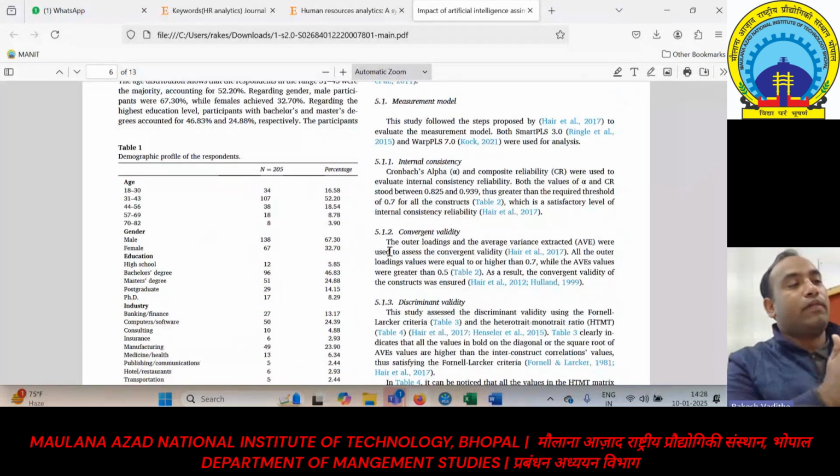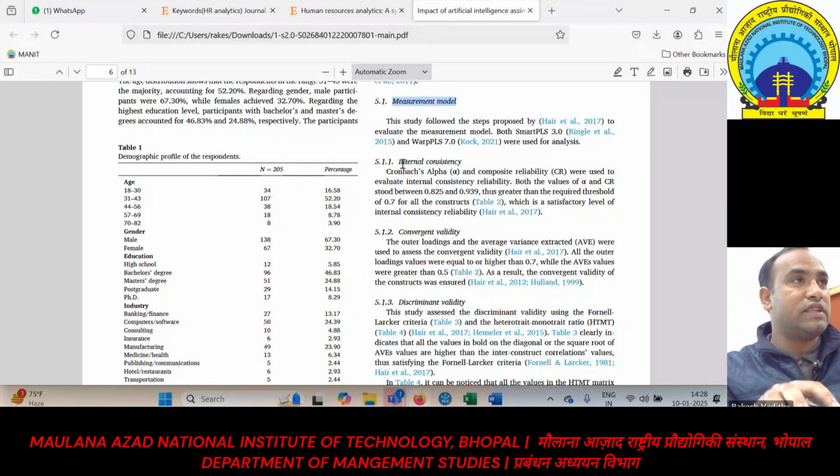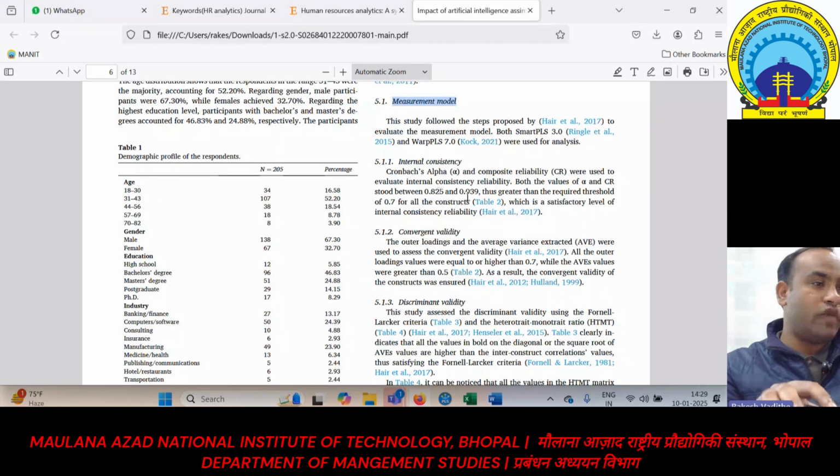Here you see we are doing the measurement model only. In the measurement model, the first item is internal consistency. Cronbach's alpha and composite reliability were used to evaluate the internal consistency. Both the values of alpha and CR, for this paper, are between 0.825 and 0.